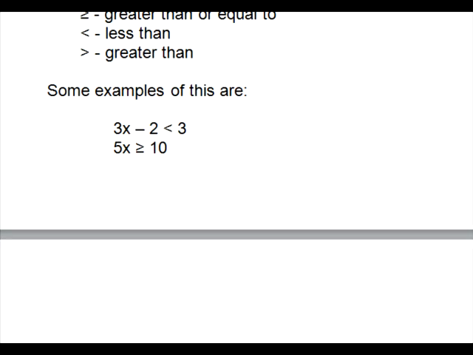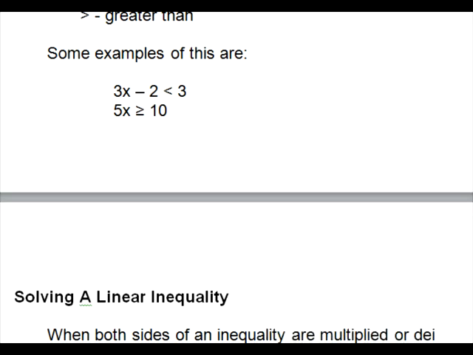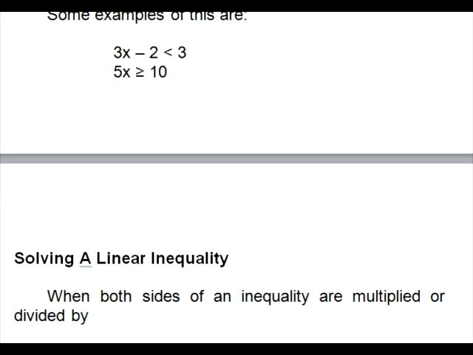Okay, we'll do a new title here, which will be called Solving a Linear Inequality. When both sides of an inequality are multiplied or divided by a negative, the inequality must be flipped.